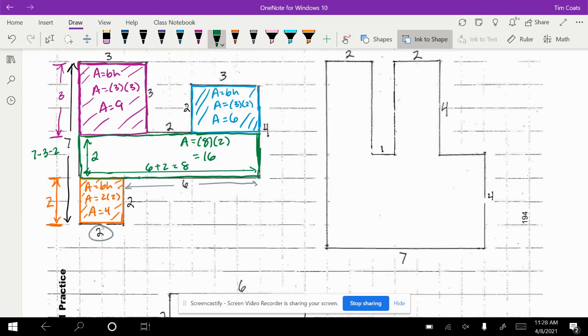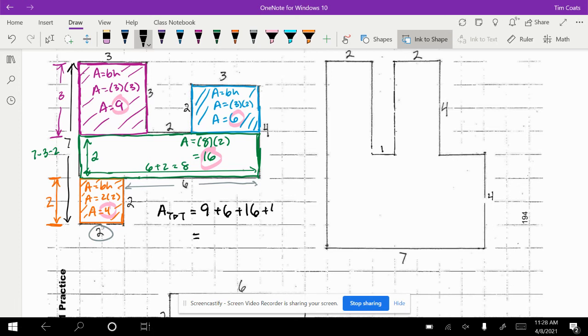Now I have the area of all of these shapes so far. And so to find the area of the whole shape, we just add up all the areas I already have. So the area total would be equal to 9 plus 6 plus 16 plus 4.